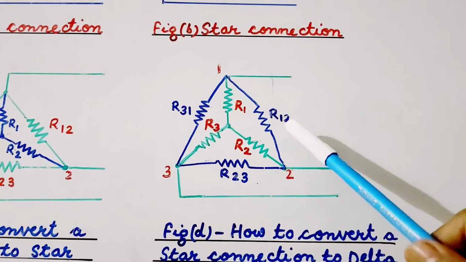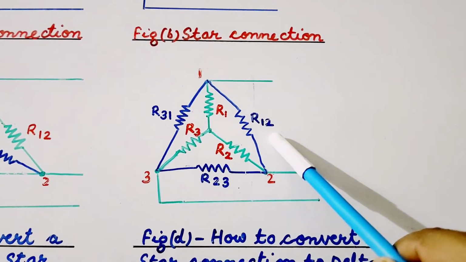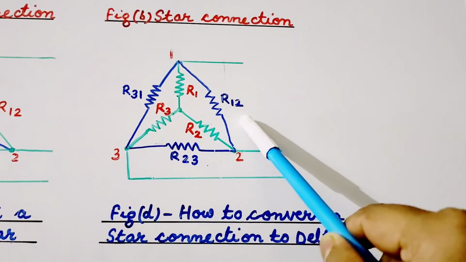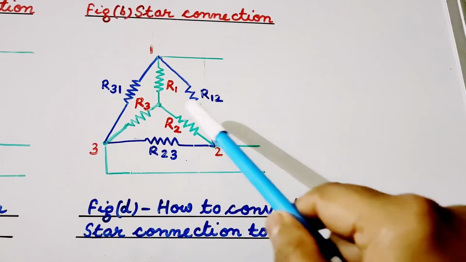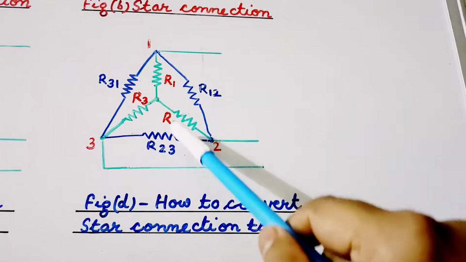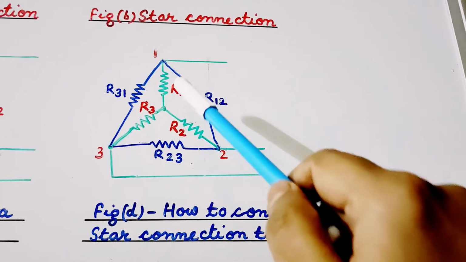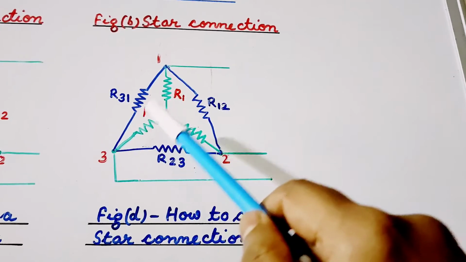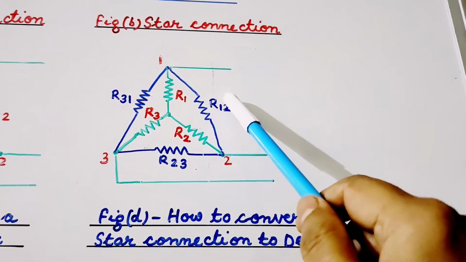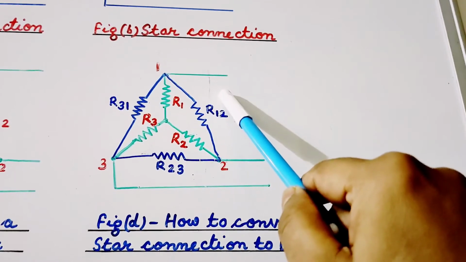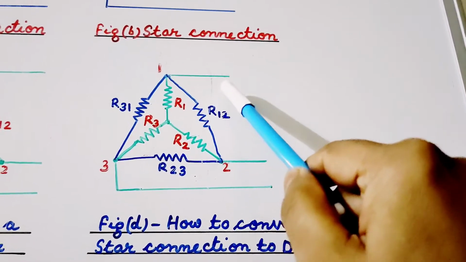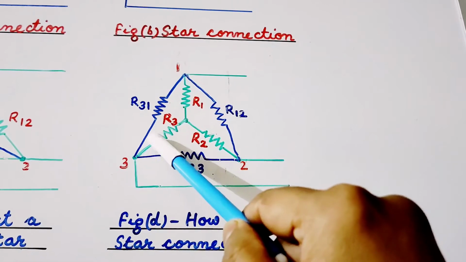That is, if we have to find the value of R12, then its value will be equal to the sum of the products of the resistances R1 R2 plus R2 R3 plus R3 R1, divided by the resistance which is in front of R12. The resistance in front of R12 is R3.